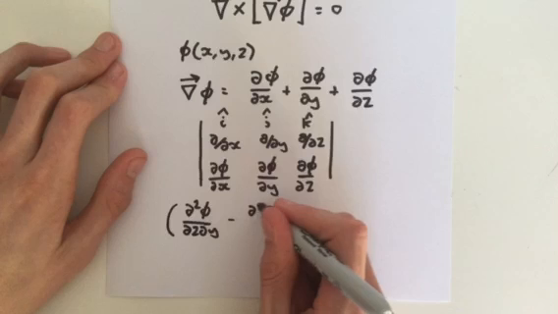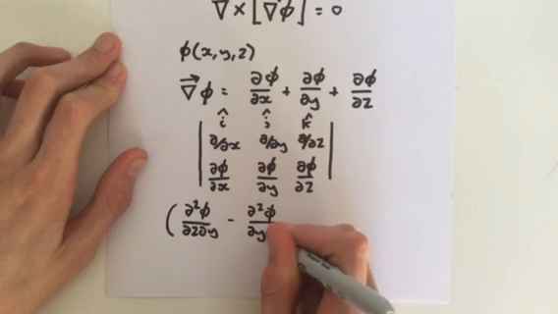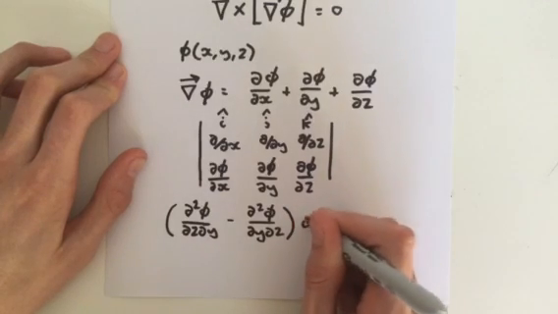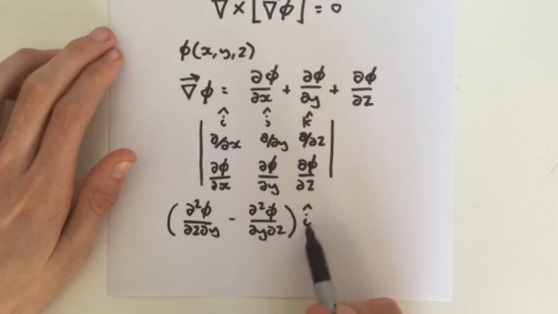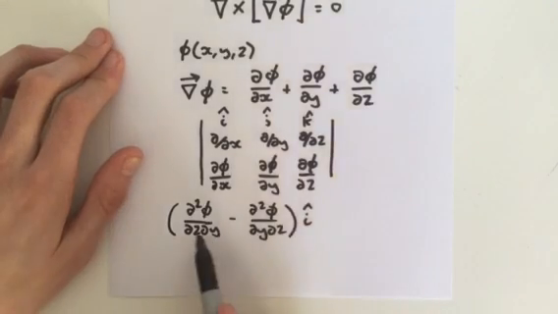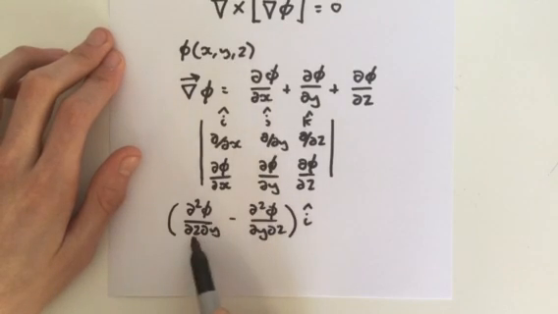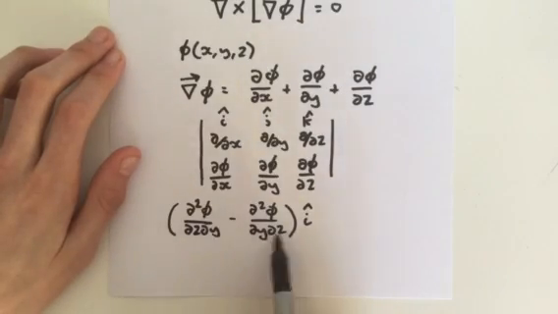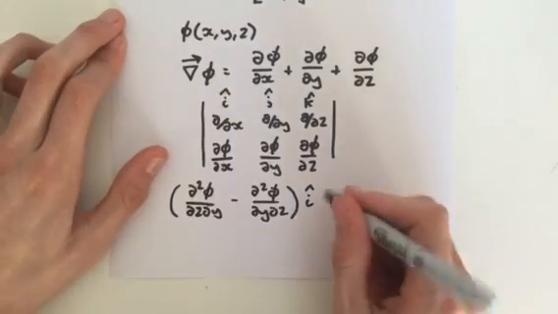And similarly, we're going to get the second partial of phi with respect to y and z, and of course times our x unit vector i. They seem quite interesting. Like we saw before, it doesn't matter which way they are, so they should cancel. But we'll just carry on and see what we get.